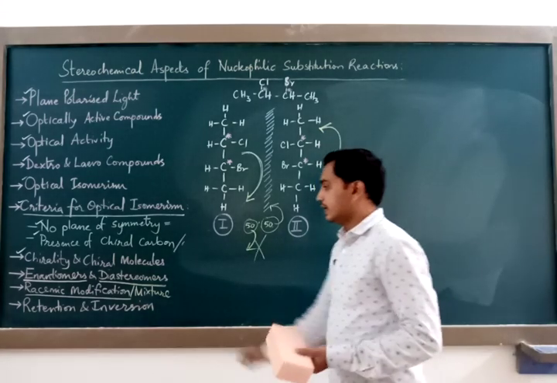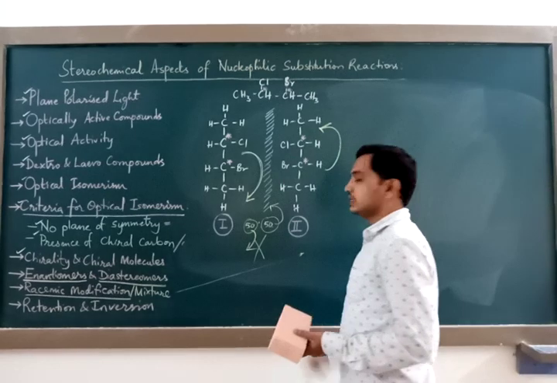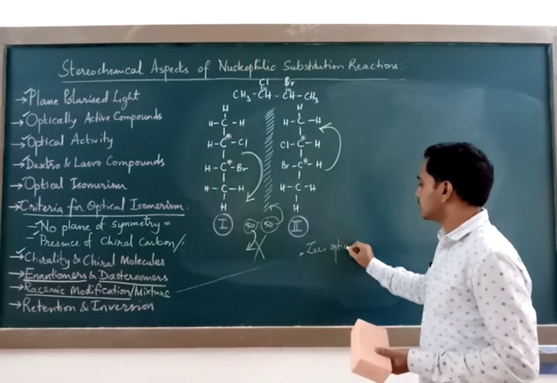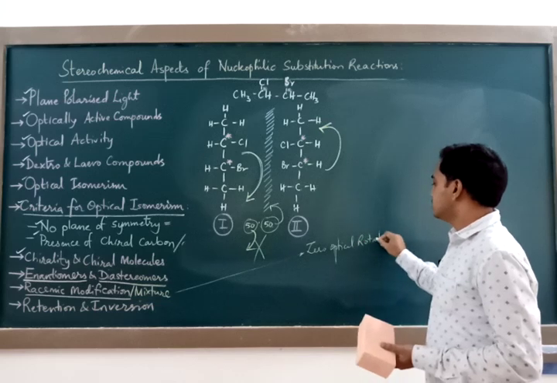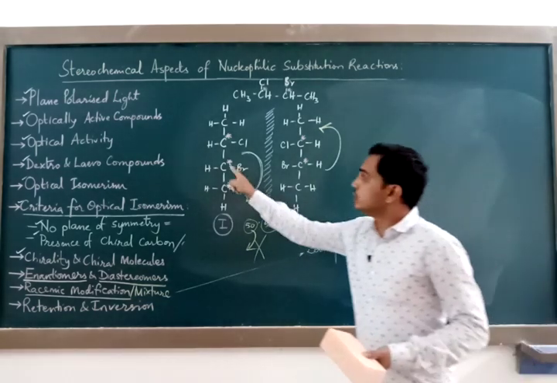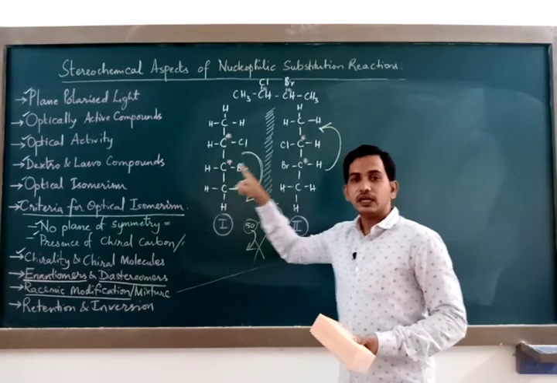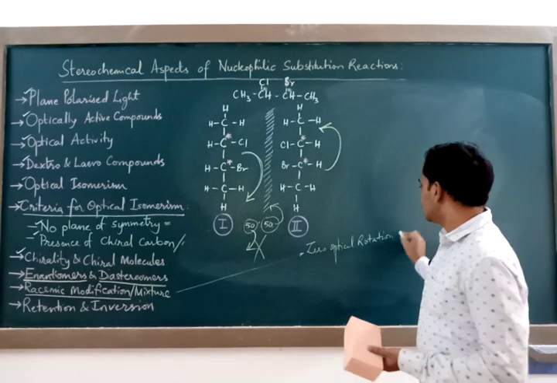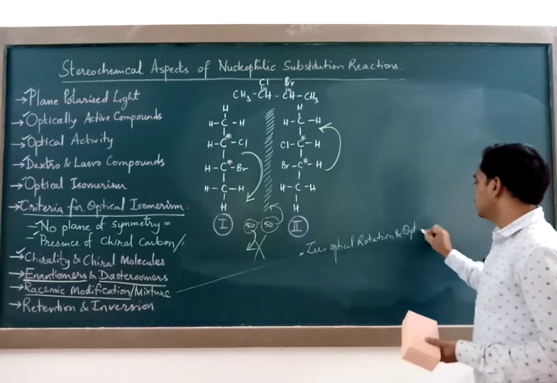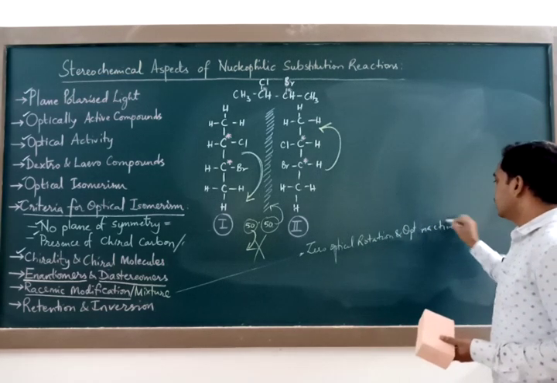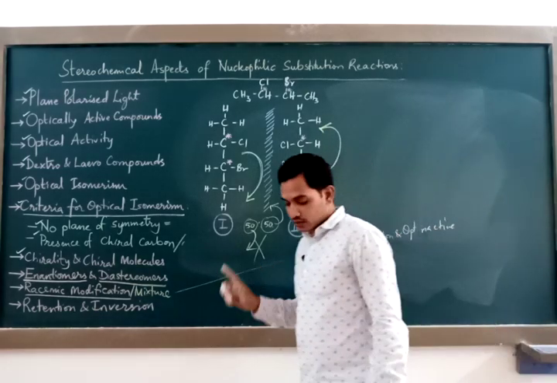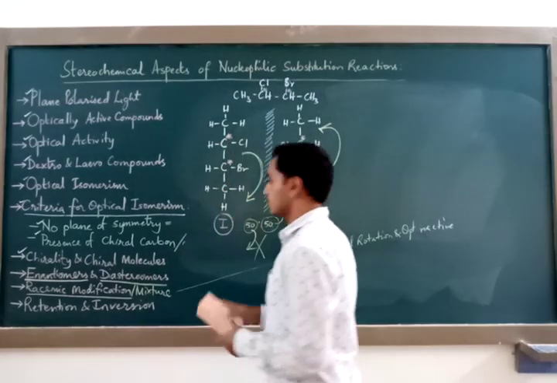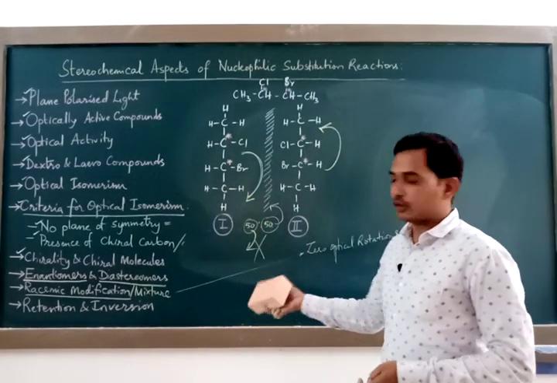As a result, a racemic mixture will have zero optical rotation. Even though asymmetric carbon atoms are present, its optical activity is zero. Therefore they are optically inactive, because of the presence of two enantiomers in equal proportions. Understood racemic mixture or racemic modification?